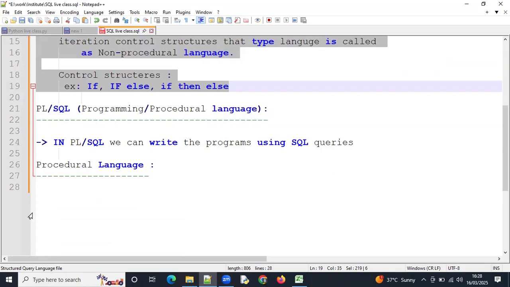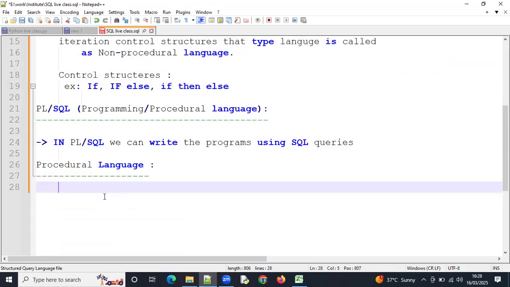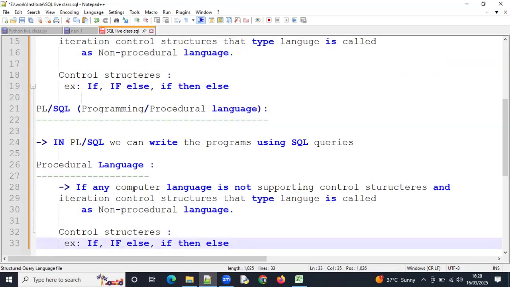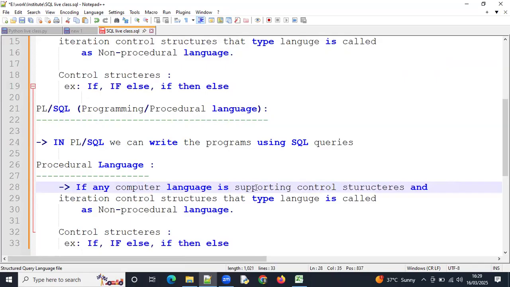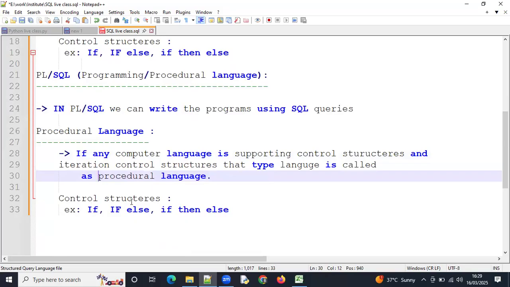I'm going to write the definition by changing it slightly. If any computer language is supporting, here we have to remove not, is supporting control structures and iteration control structures, that type of language is called a procedural language.